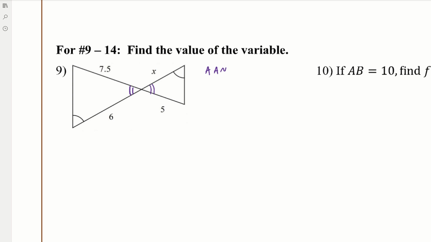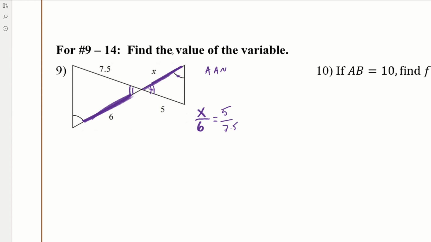So I'm going to set up my proportion. x over its corresponding side, which is 6, not 7.5. x and 6 are the corresponding sides. Do you see how they're between these two congruent angles? So x over 6 is proportional to 5 over 7.5.